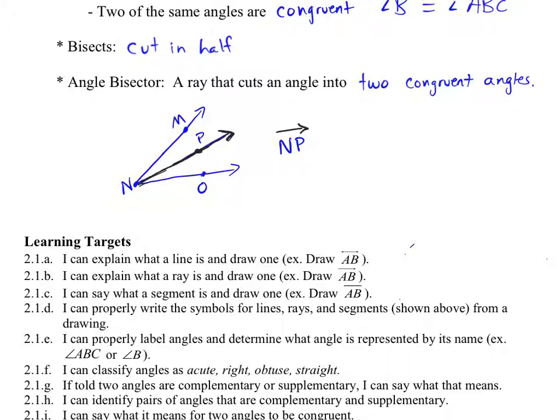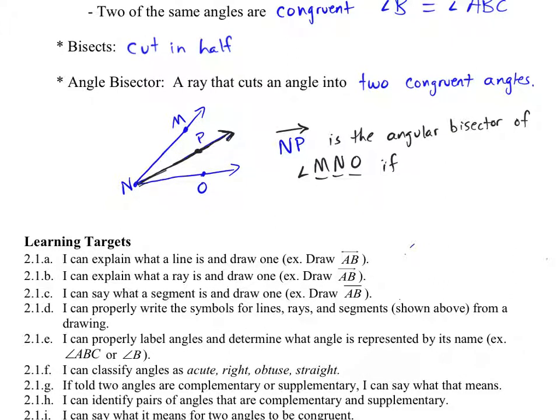So NP is the angle bisector of angle. What's my angle that we just bisected? What three letters am I going to put in there? Nice. MNO.